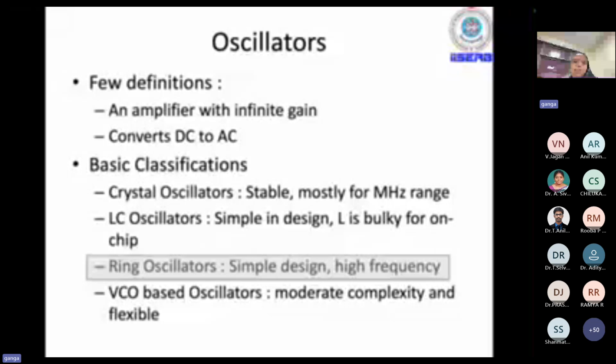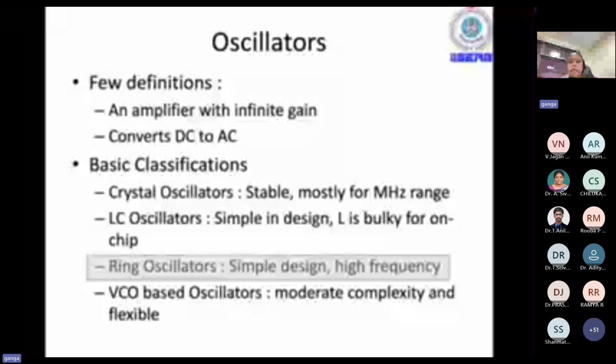Typically, if the amplifier does not have good phase margin, say about 60 degrees, then it tends to oscillate. There we don't have much control. The other way to define an oscillator is a circuit which can convert a DC signal into an AC signal.